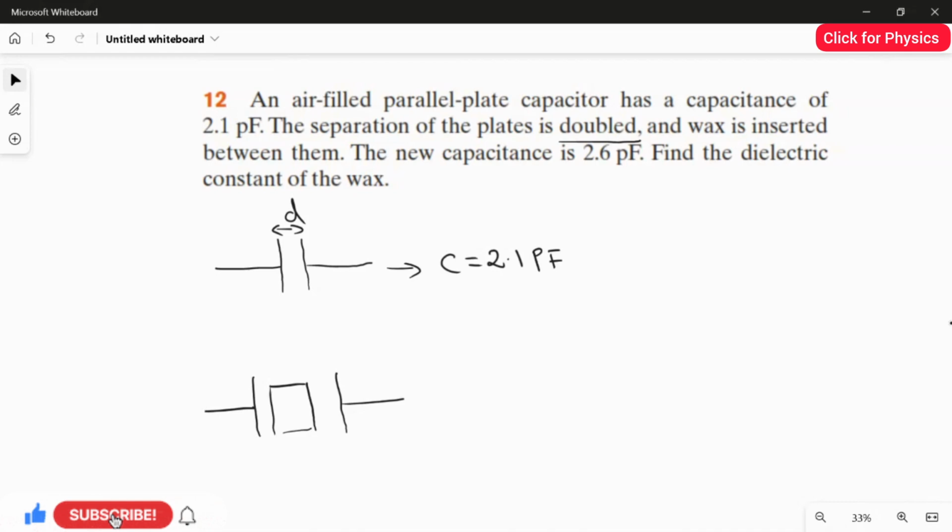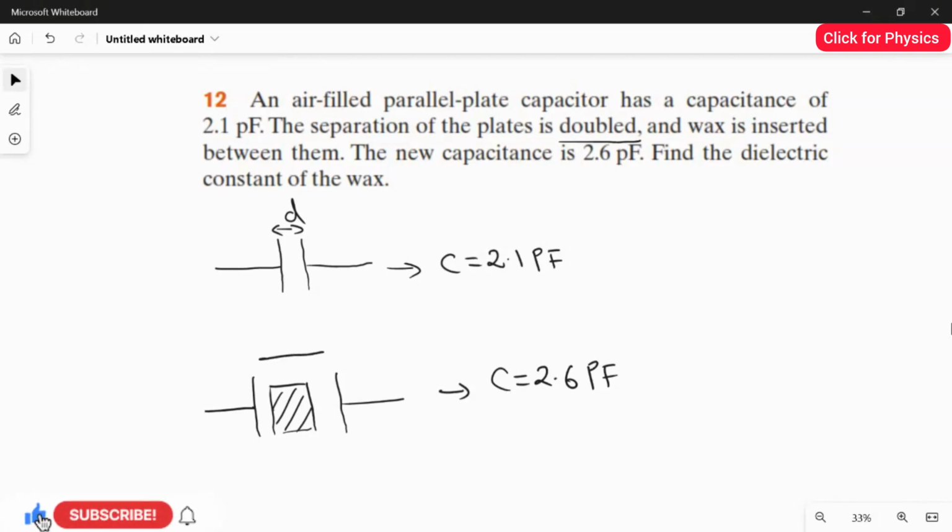In the first part, you have the capacitance value of 2.1, but after you insert the wax, your capacitance value is 2.6 picofarad, right? So how did we get more charge, more capacitance here? Because you inserted the wax material. Whenever you keep an insulating material between the two plates, it will increase the efficiency of the capacitor.